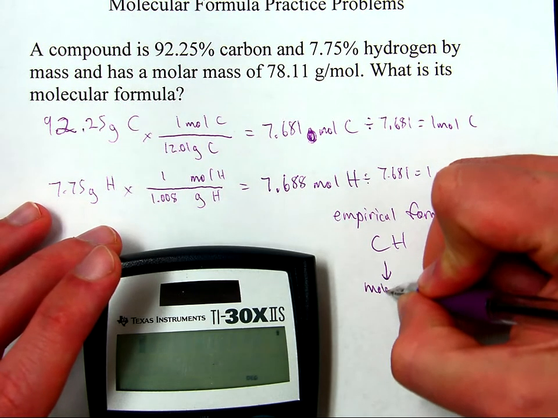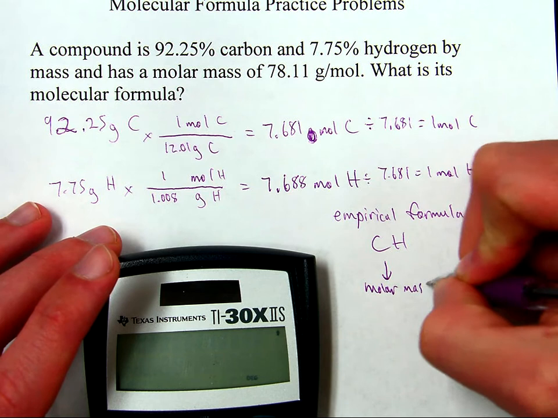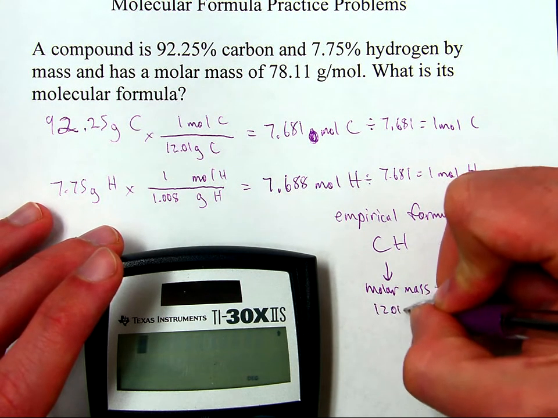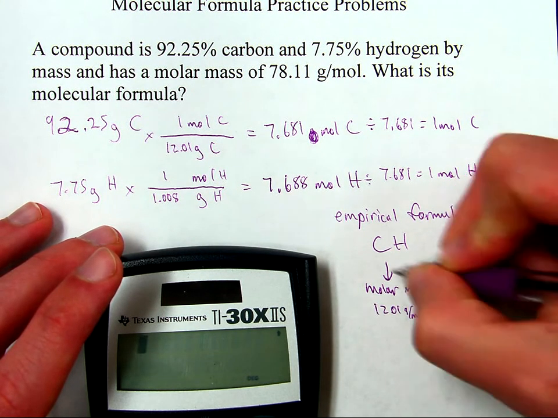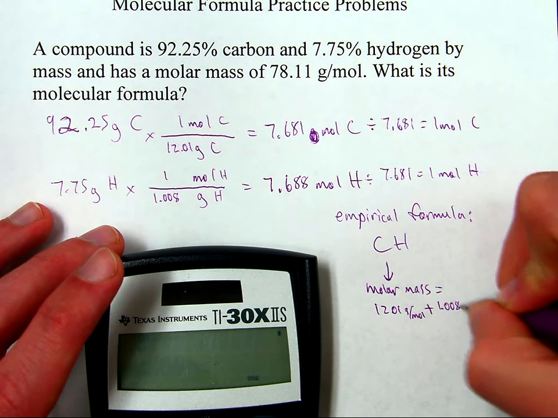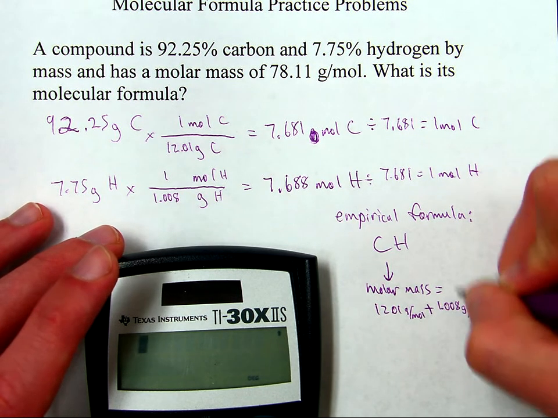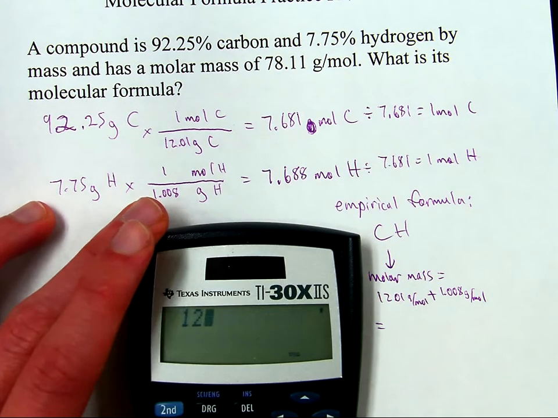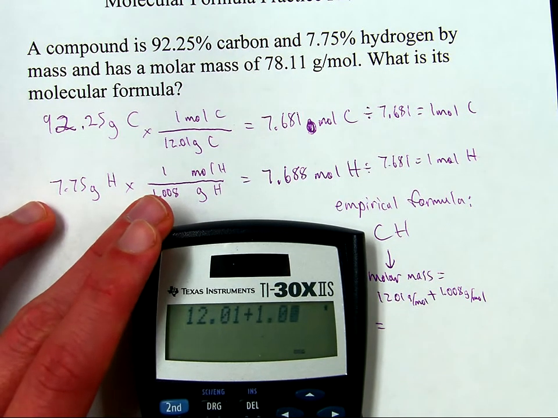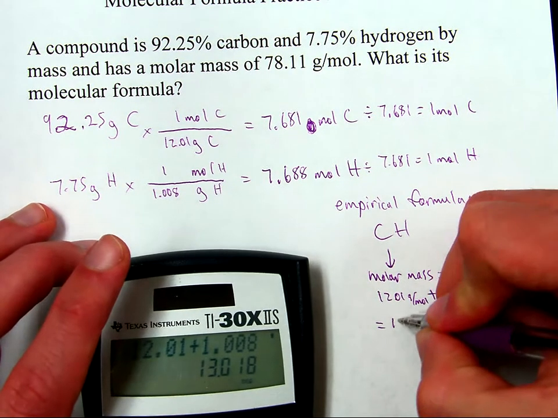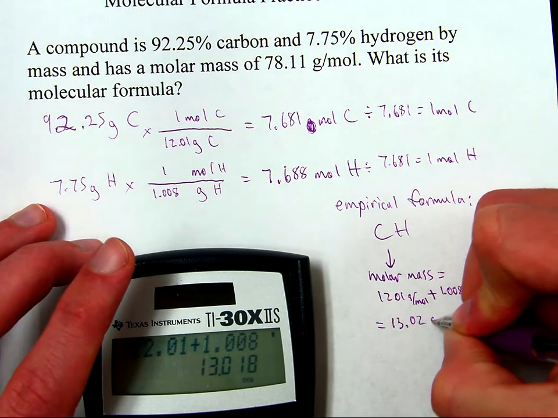So molar mass equals 12.01 grams per mole. That's carbon. Plus 1.008 grams per mole. That's the hydrogen. That's the molar mass right there. 13.02 grams per mole.